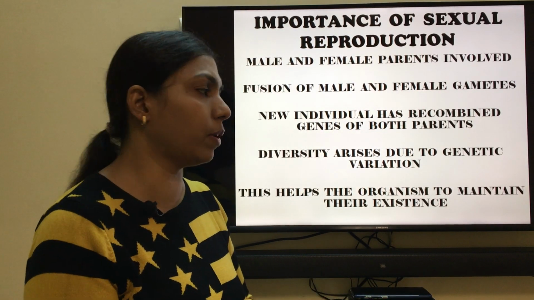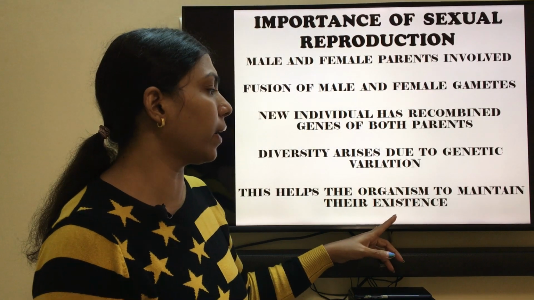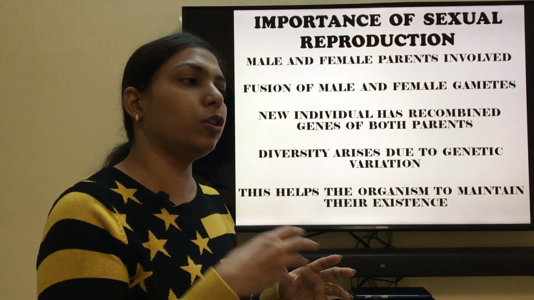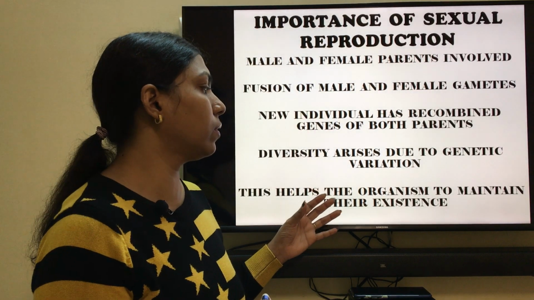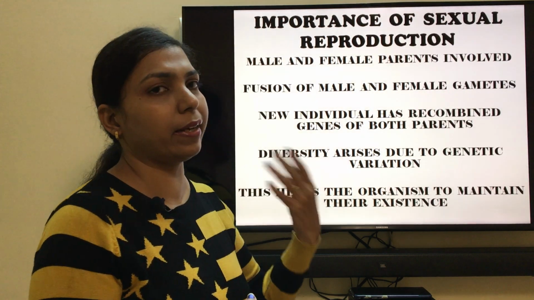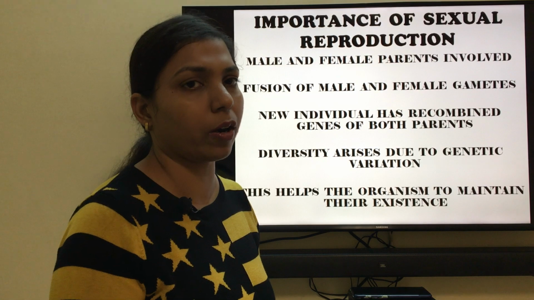This helps the organism to maintain its existence. Because of these new chromosomes, the new individual is able to maintain its existence. It will help in the process of evolution of that particular organism.